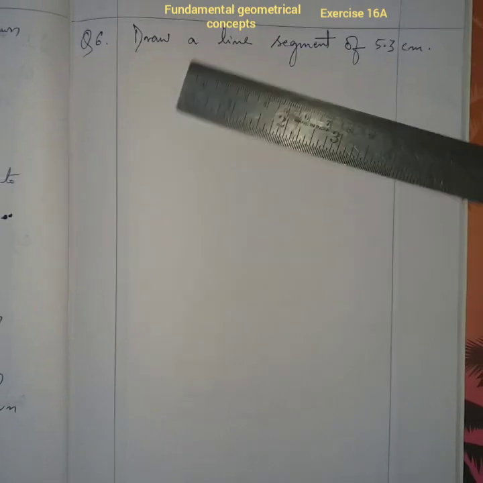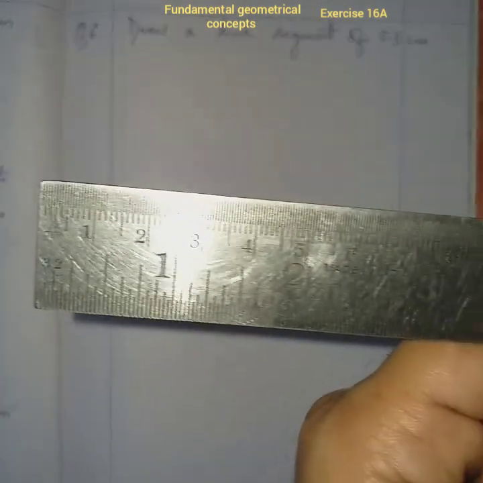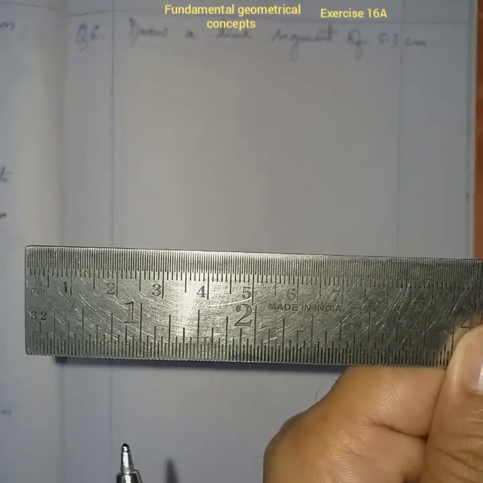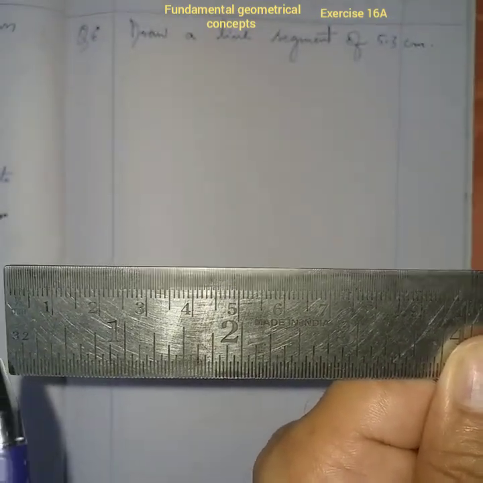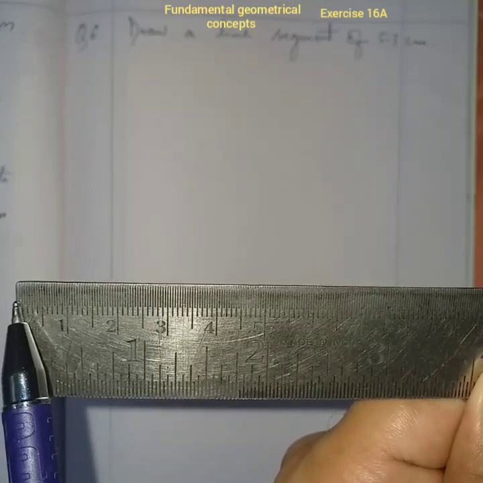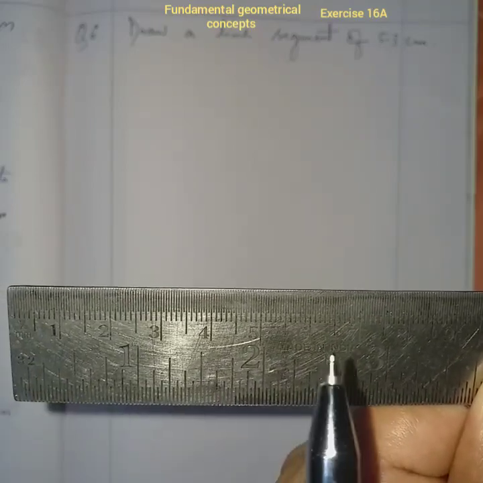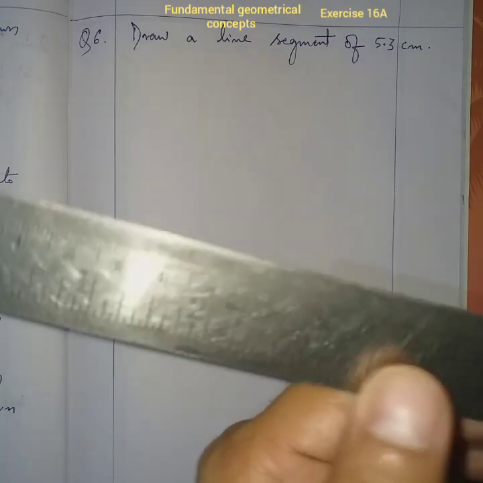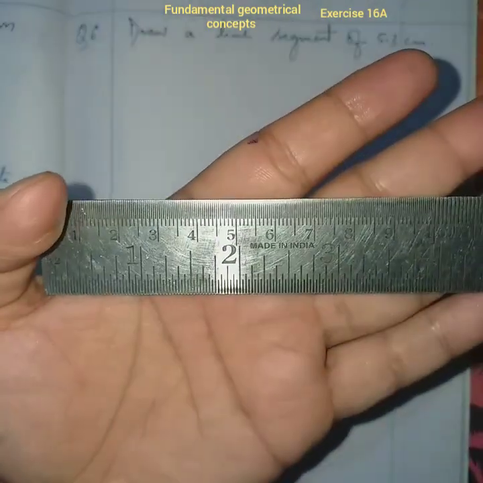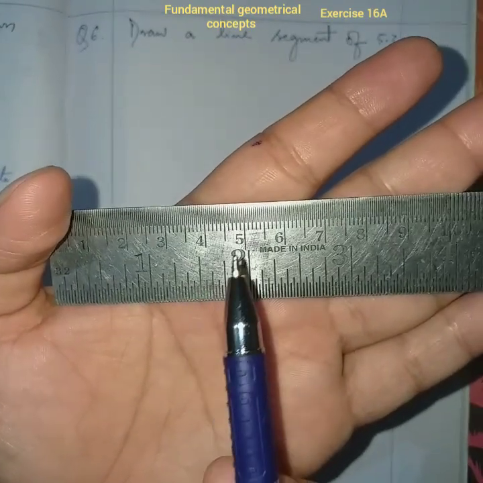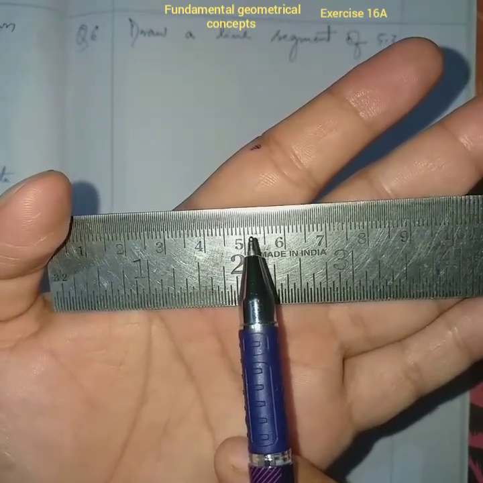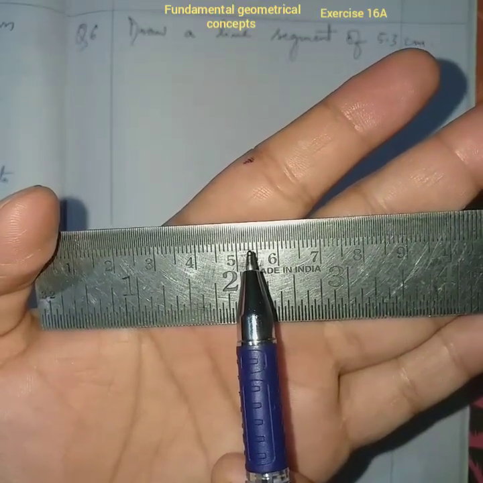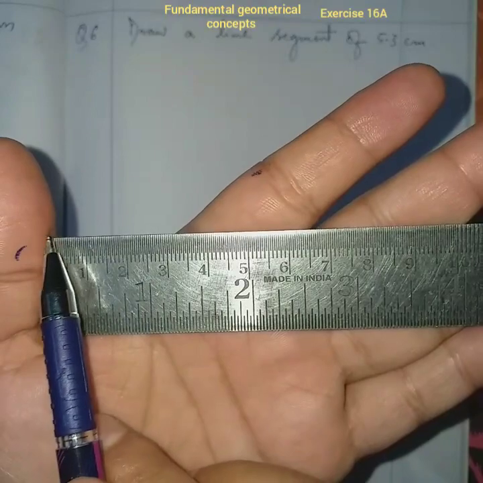Look at here, as I have taught you in my previous class. So we'll take from the 0 mark here, and 5 is here. See 5 and 1, 2, 3. Okay, so 5.3 is up to this, starting from here.